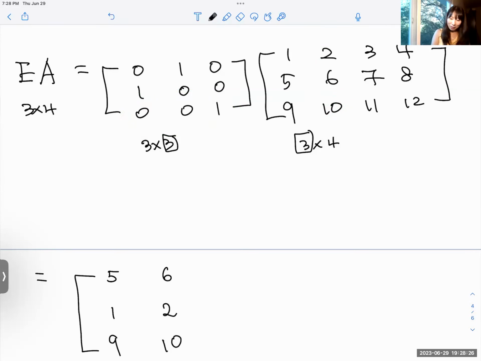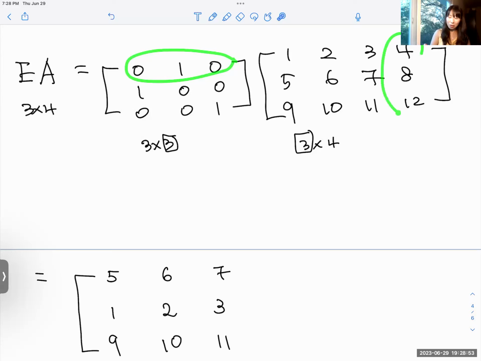Okay. First row with the third column, only 7. Second row with the third column, only 3. Third row with the third column, only 11. Okay, the last one.